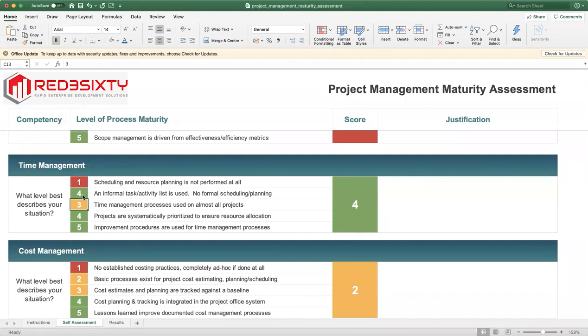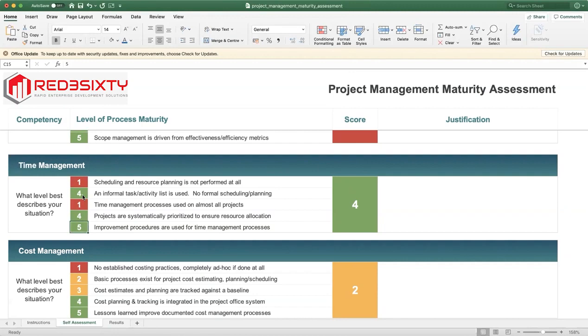Time management process used on almost all projects. So do we actually complete timesheets? Projects are systematically prioritized to ensure resource allocation. So that means project prioritization, again, another module that you can refer to within the Business Builder, and are we allocating the right resources to that as well?